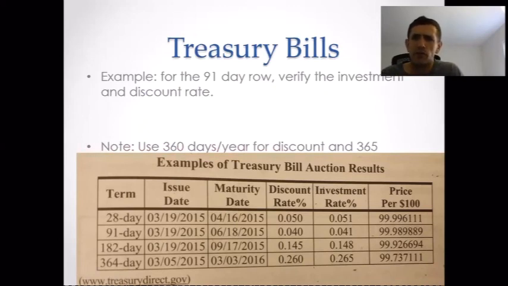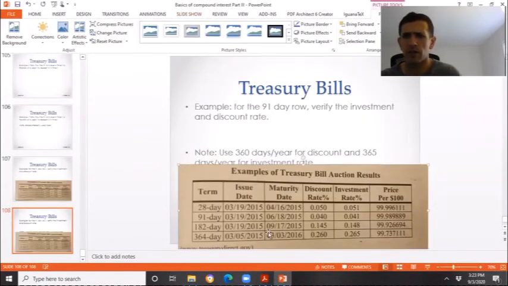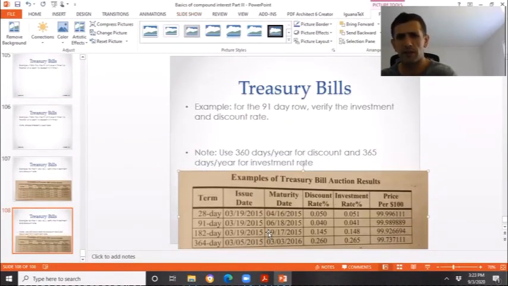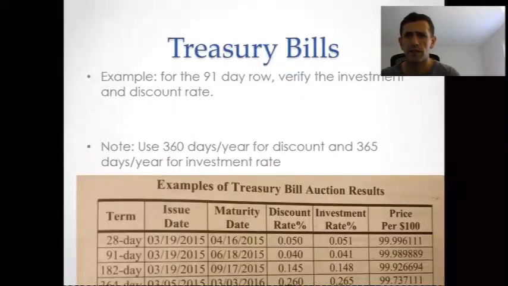It's a bit bizarre, but when you are working with a discount rate for T-bills, you're going to use 360 days in a year, whereas if you're using the investment rate, you're going to use 365 days in the year.